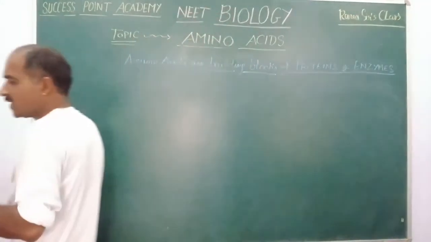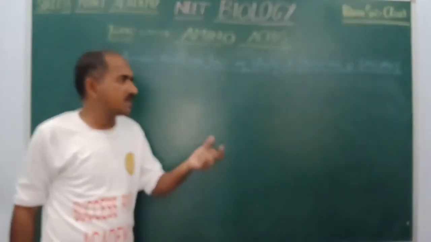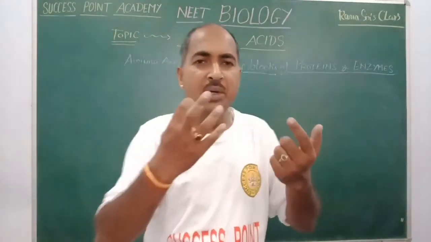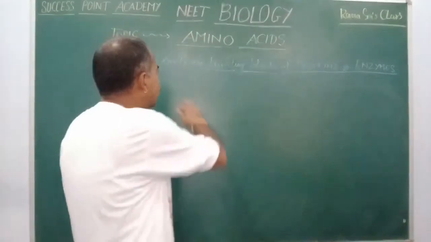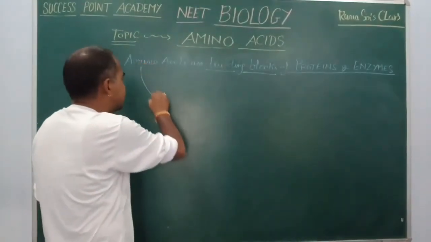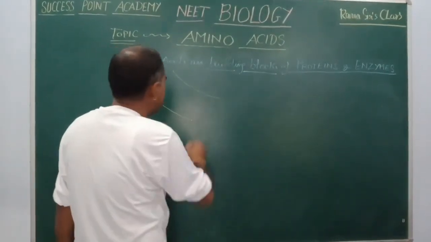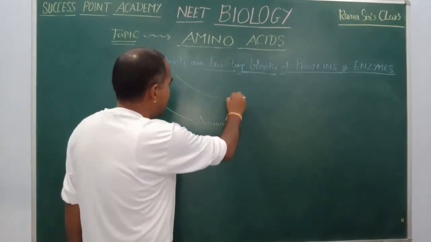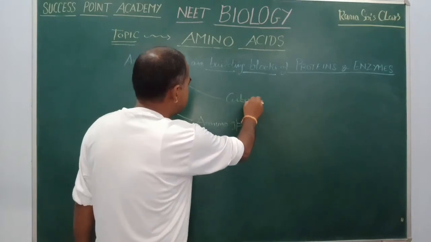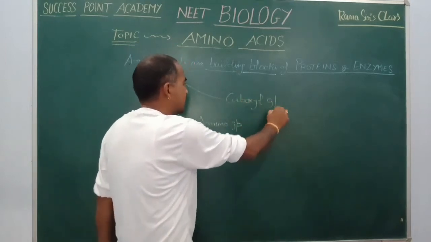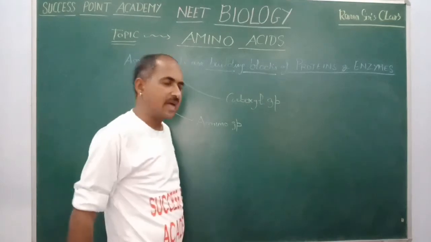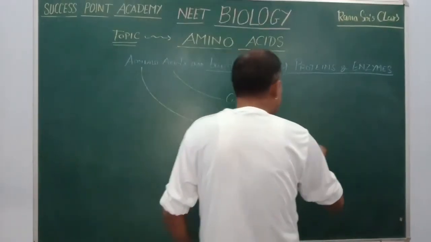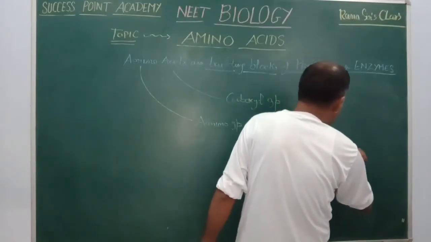Yes, shabash. So now we come to discuss the general structure of amino acids. They are called amino acids, means they have an amino group in their structure and they have a carboxyl, that is acid, group in their structure. So how does that occur?